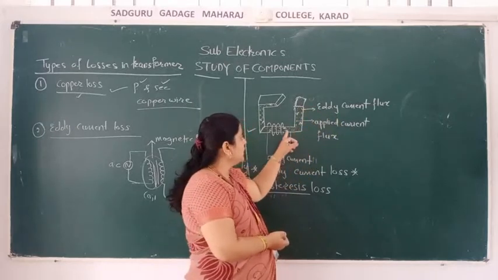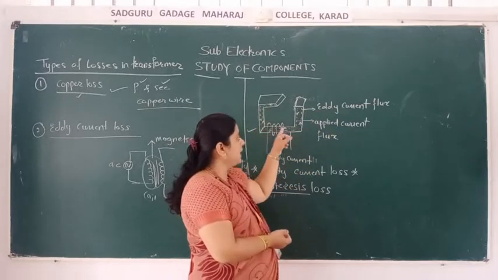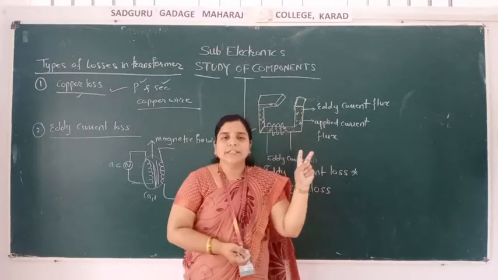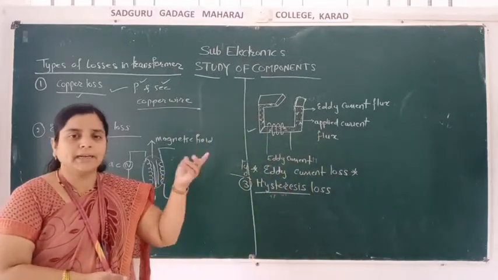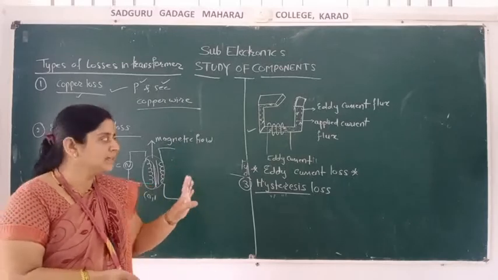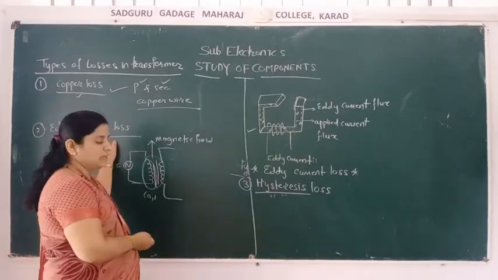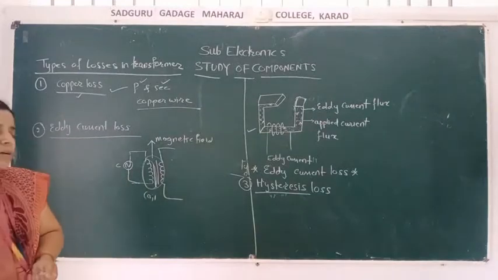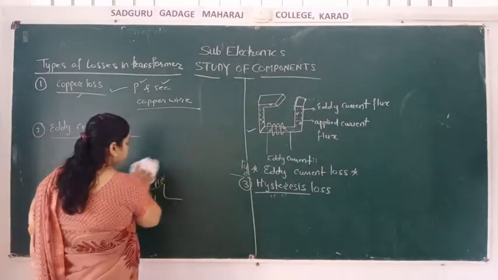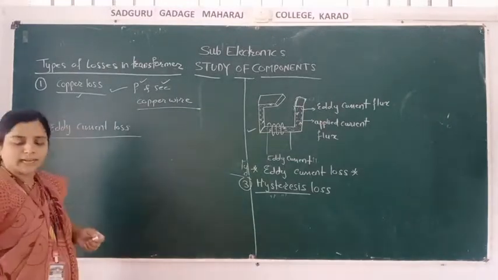Because the path of the eddy current is in the opposite direction to the applied current. Therefore there is a loss of current at that time, and that loss of current is called the eddy current. And this eddy current occurs because of the induced voltage in the transformer.